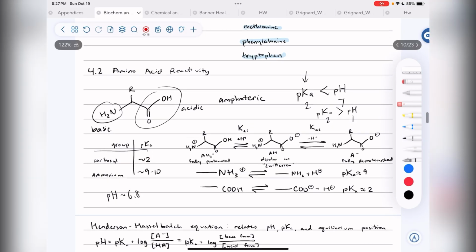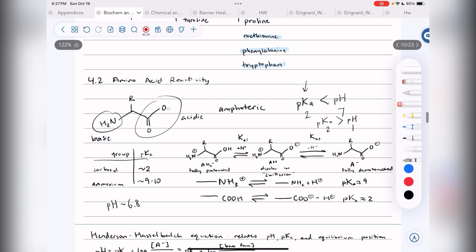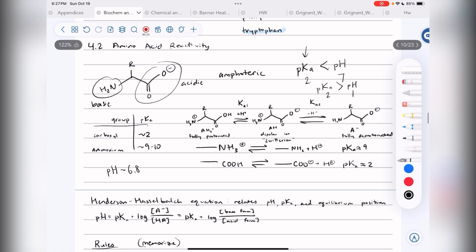It's going to be negatively charged over there. And then the ammonium, it's got that pKa of 9 to 10, but the pH is lower than that, right? There are too many hydrogens already in there for the ammonium to lose its hydrogen. So it should just look like that.